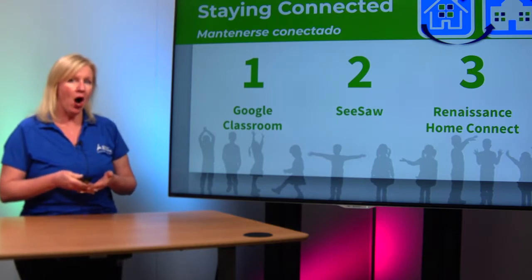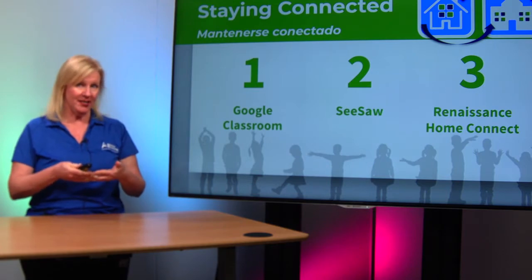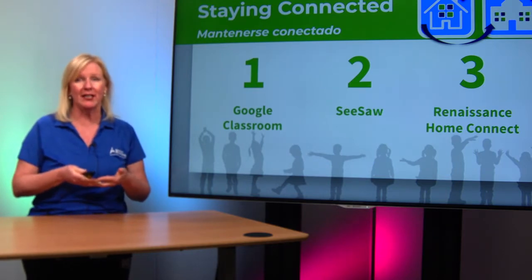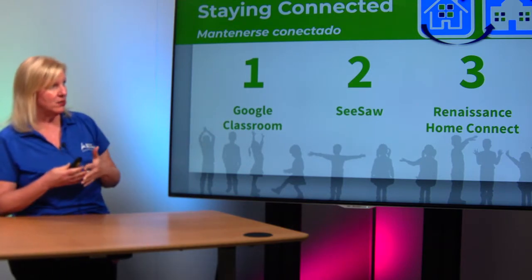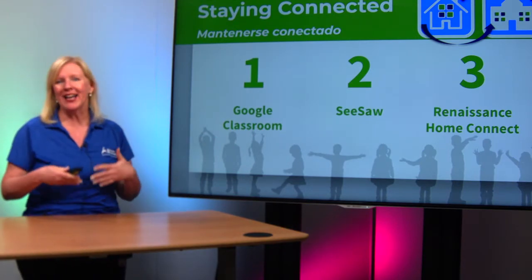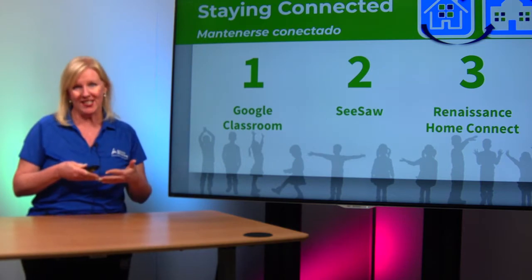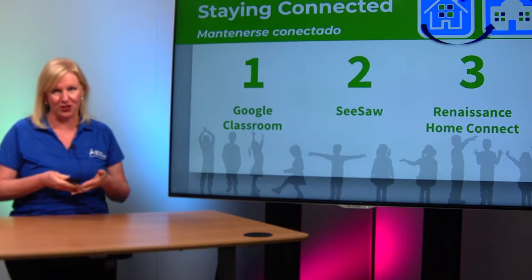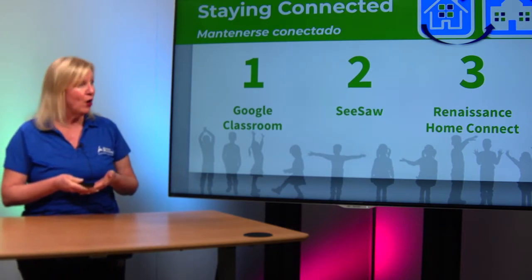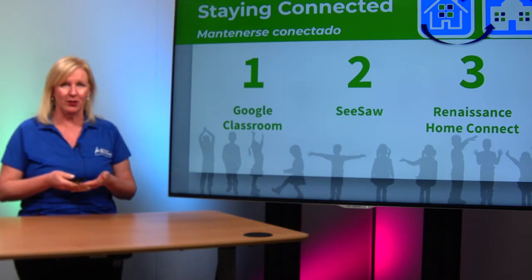Our students often, pretty much daily, are reading books and taking accelerated reader quizzes. You can, by signing up for Renaissance Home Connect, automatically receive emails every time your child takes a quiz, and it'll show you their quiz results, and you can congratulate your child for how well they did, or offer them encouragement and support if they need to do a little better.